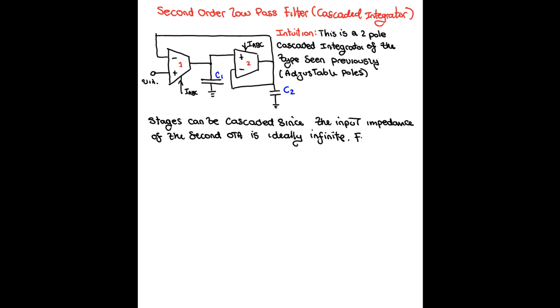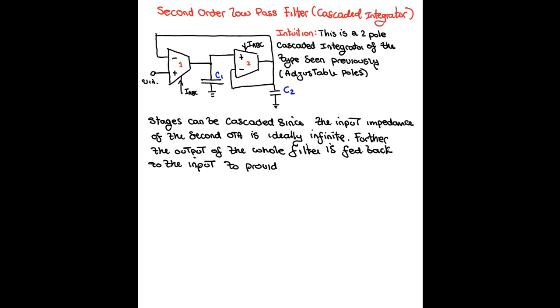Further, the output of the whole filter is fed back to the input to provide negative feedback that will keep VD, the differential voltage, within reasonable limits, and provide stability.